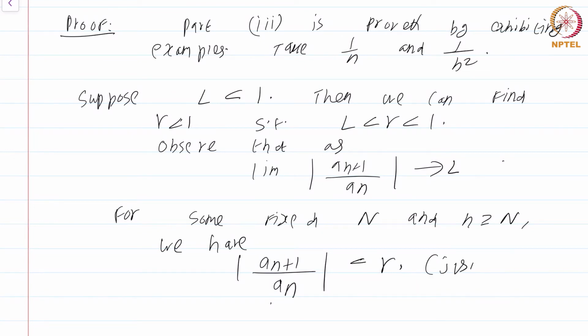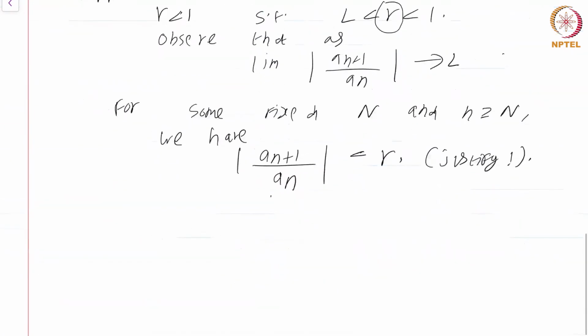Justify this. What we have done is the following. We know that the sequence mod a_{n+1} by a_n converges to this capital L, and we know that this capital L is less than 1. What we are doing is squeezing in this r in between L and 1. By the epsilon-N definition of convergence, for suitably large n, the ratio must be very close to L. In particular, the ratio must be strictly less than r whenever n is greater than or equal to this capital N. Now, how does this help us?